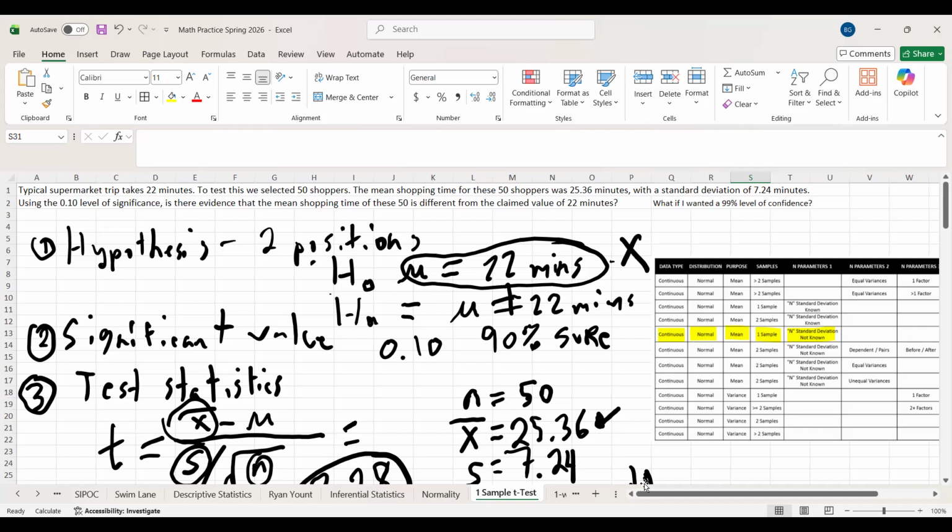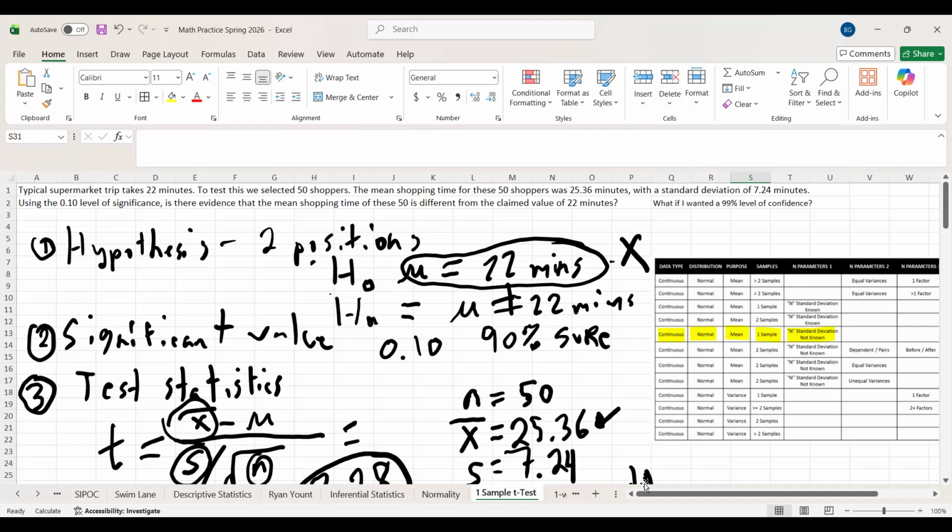That means if I have an average time of 25.36, then the average distance away from that 25.36 was about 7.24 minutes. We're going to use a 0.1 level of significance, which is a 90% confidence. Is there evidence that the mean shopping time of these 50 is different from the claimed value of 22?